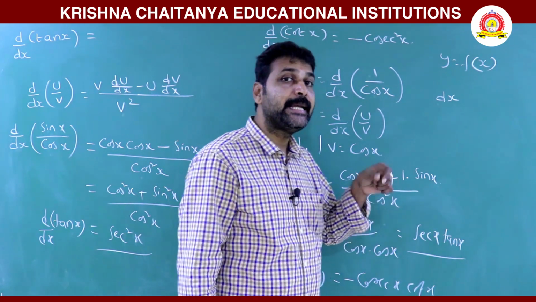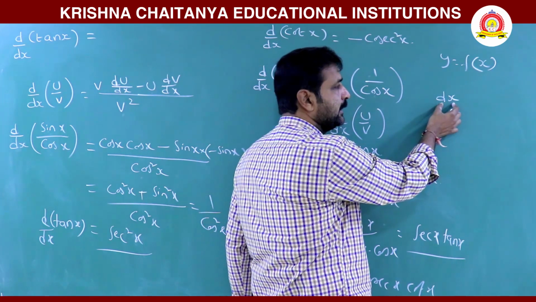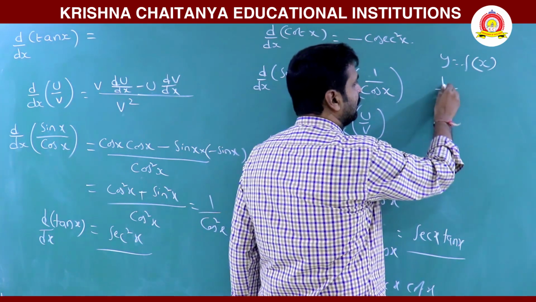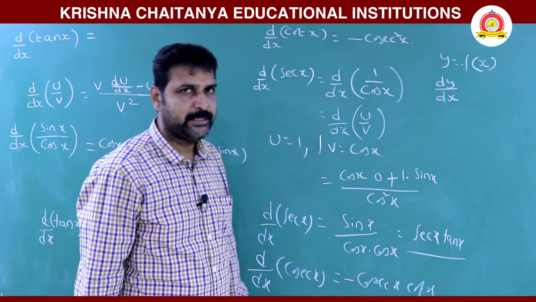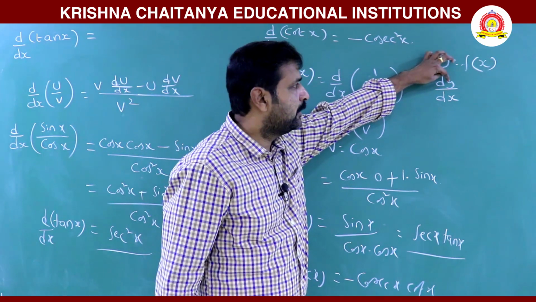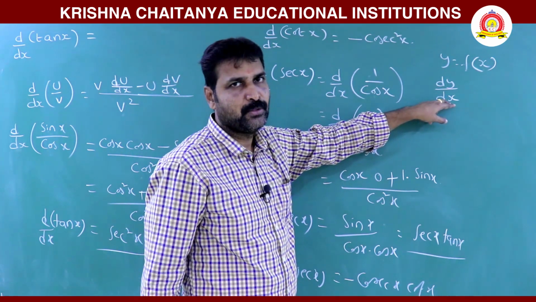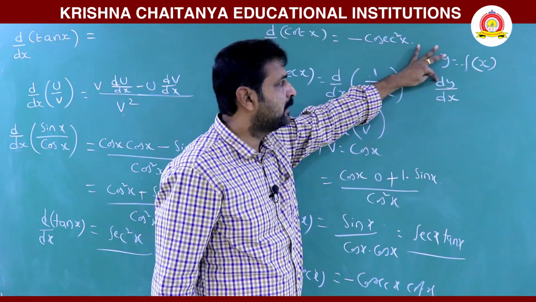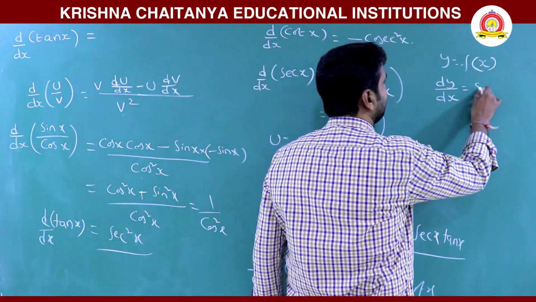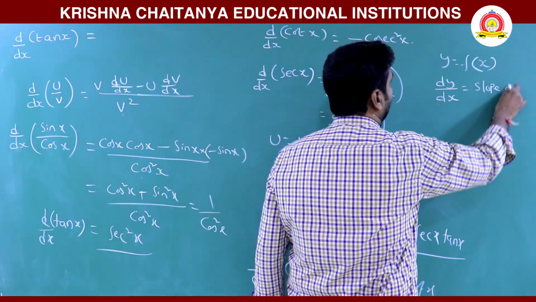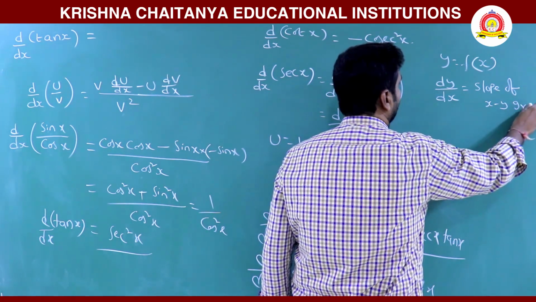When x changes, definitely y also changes, since it is a function of x. Then dy by dx is the differentiation of y, the derivative of y with respect to x. So this is the dependence of y on x, which can also be said as the slope of the xy curve or graph.